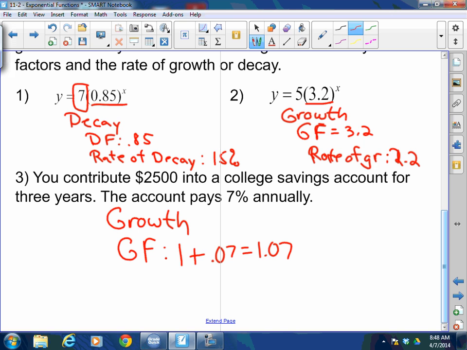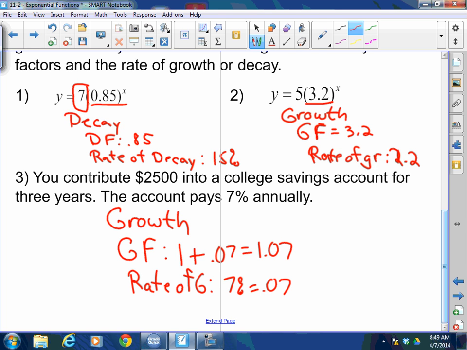What is my rate of growth? The rate of growth would be the 7% or 0.07. So you add the rate of growth to 1, you subtract the rate of decay from 1. Does that make sense?